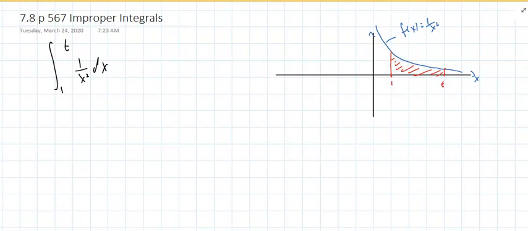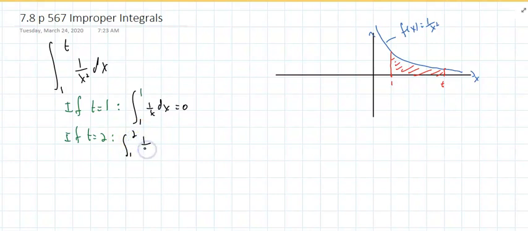Now, if t equal 1, I'm looking at the integral from 1 to 1 of 1 over x squared dx. Well, that would be 0. If t equals 2, then I'm looking at the integral from 1 to 2 of 1 over x squared dx.